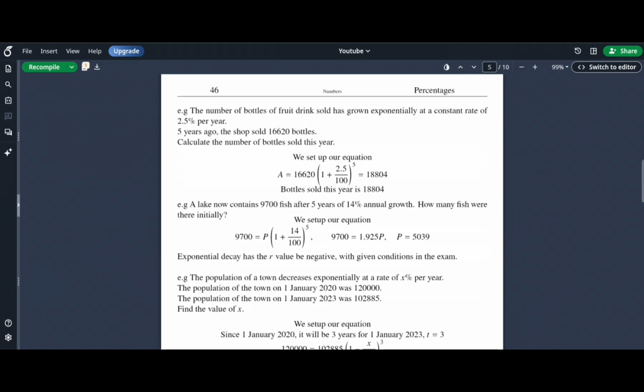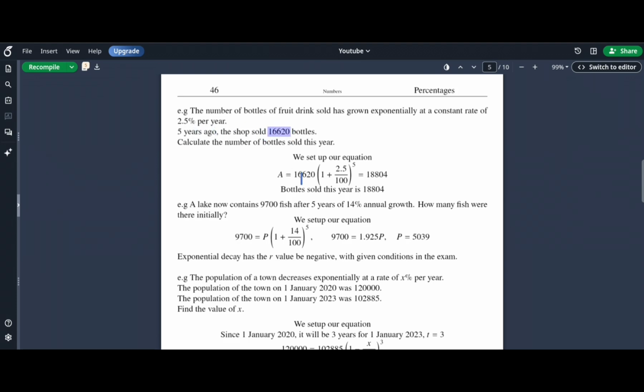Example: the number of bottles of fruit drink sold has grown exponentially at a constant rate of 2.5% per year. 5 years ago, the shop sold this many bottles. Calculate the number of bottles sold this year. Now we look at this carefully. 5 years ago, the shop sold this much.